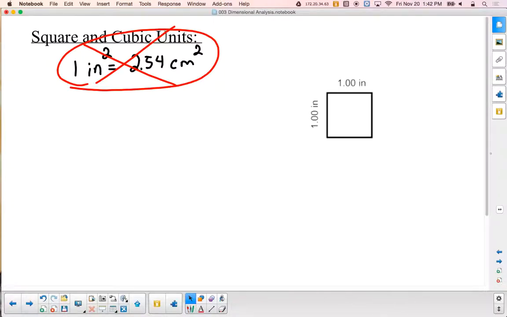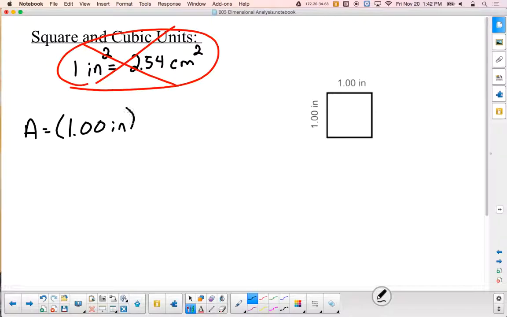So to do that, I've got a little 1 inch by 1 inch square in your notes. If I had to calculate the area of this square, I would just take 1 inch times 1 inch, and I don't think anybody would make any arguments that the area of my little square there is 1 square inch.